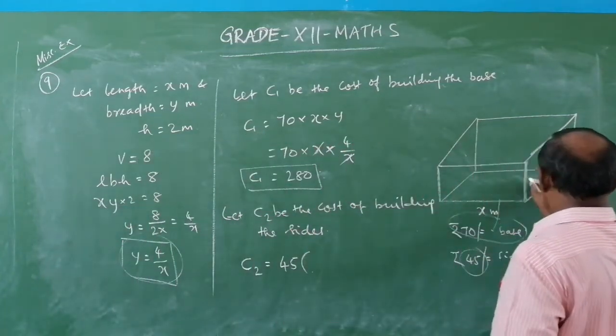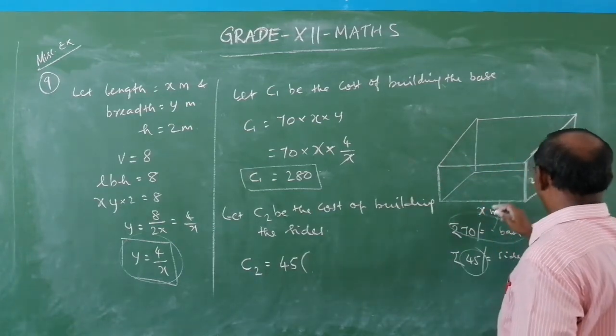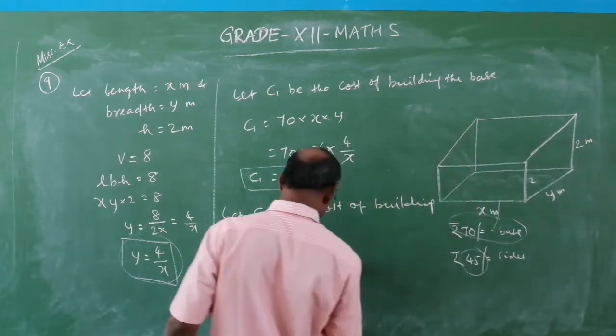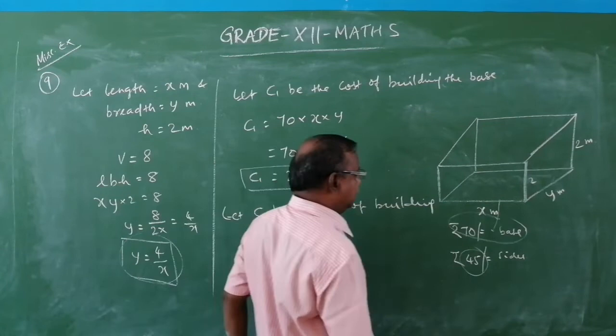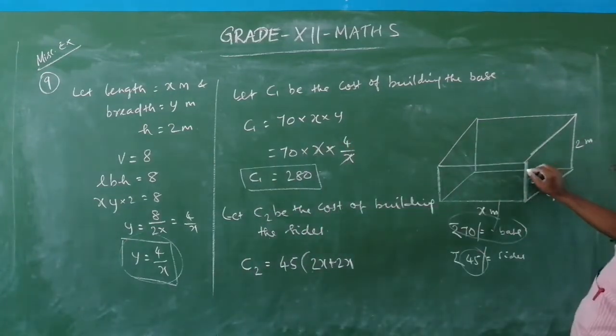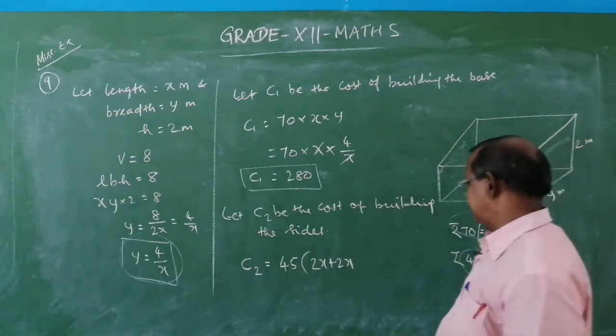Here 2x one face, and similarly the one behind is also 2x, so 2x plus 2x, and the side faces are 2y plus 2y.